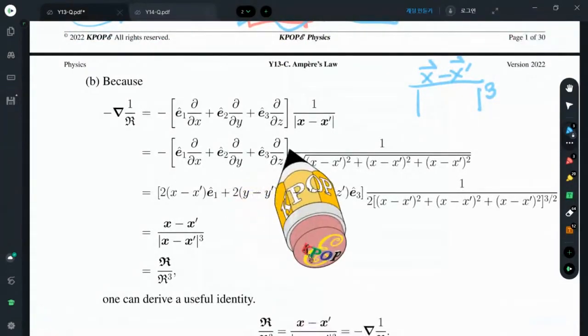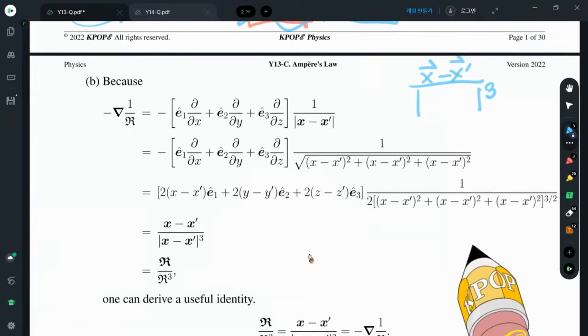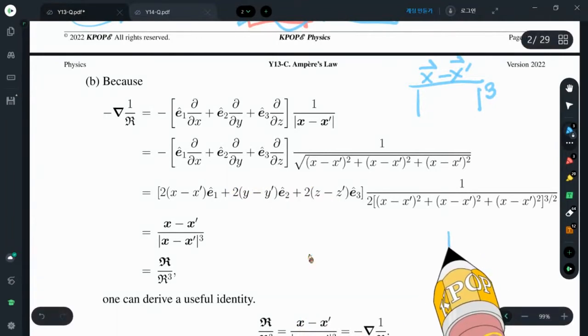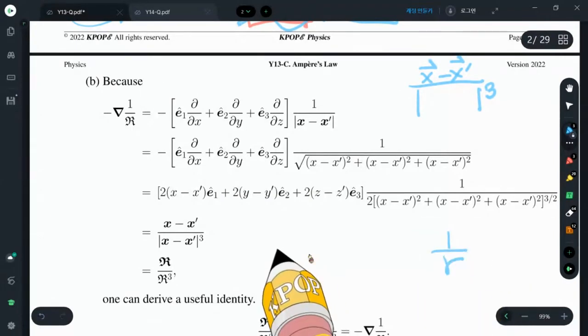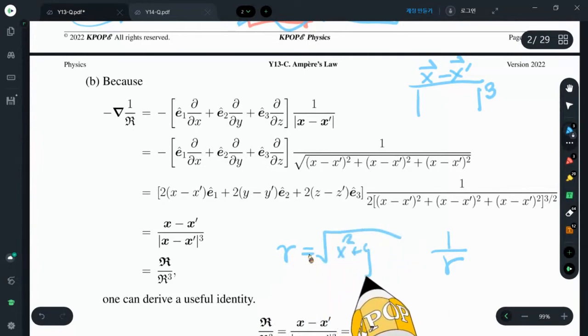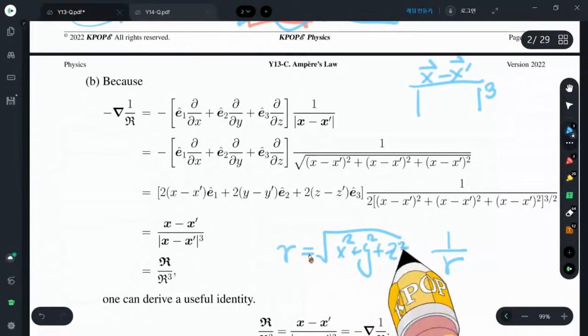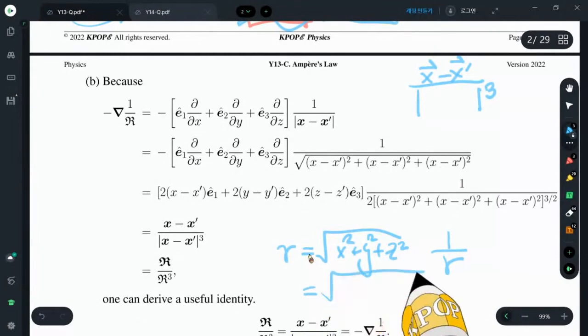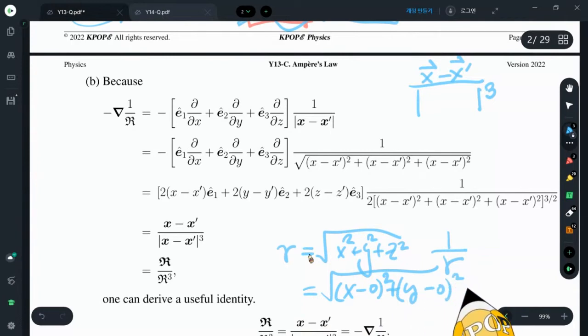Let's return to a simple, straightforward calculation. Previously, we considered 1 over r, and when we use r, it was the square root of x squared plus y squared plus z squared. Actually, this is nothing but the distance from the origin.